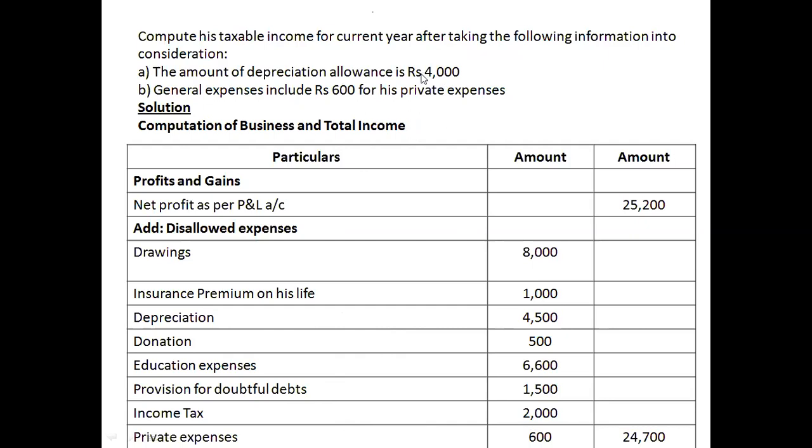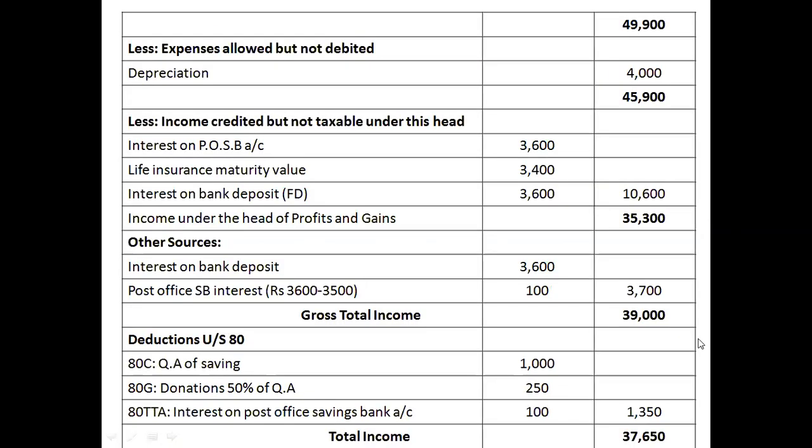These are all the disallowed expenses that should be added to your net profit. So 25,200 plus 24,700 comes to 49,900. Now from this, we have to deduct the expenses allowed but not debited.